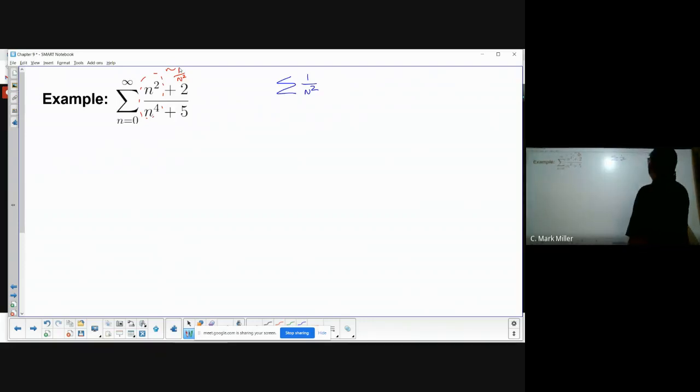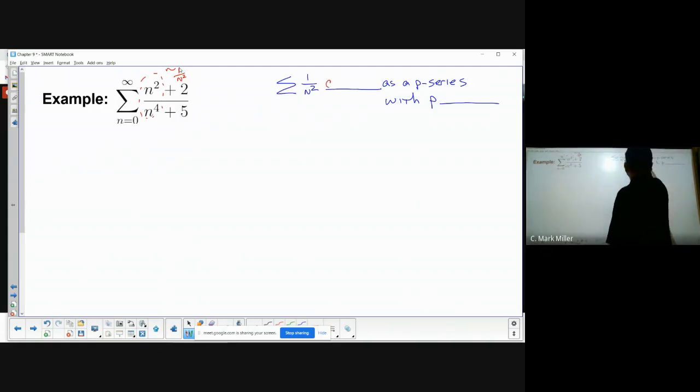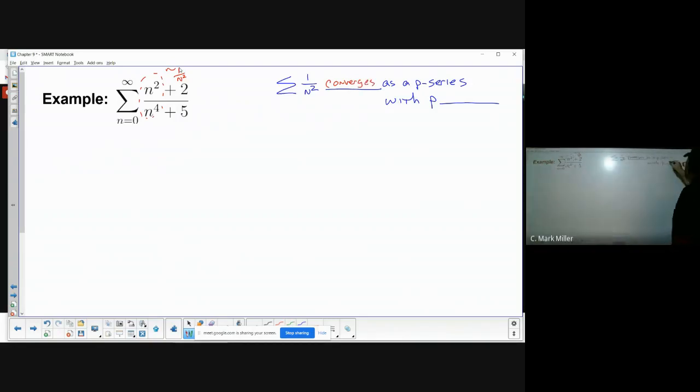It converges as a p-series with p greater than 1.